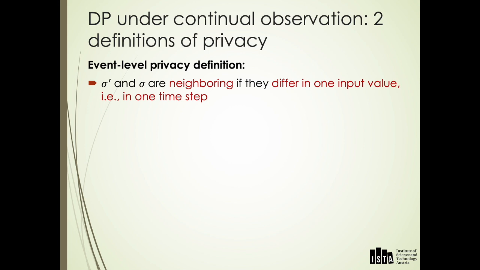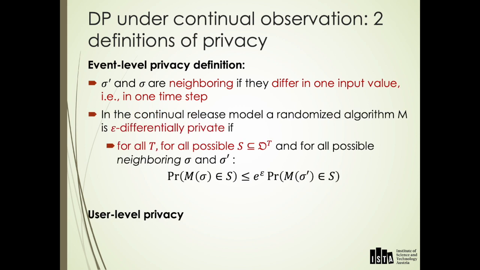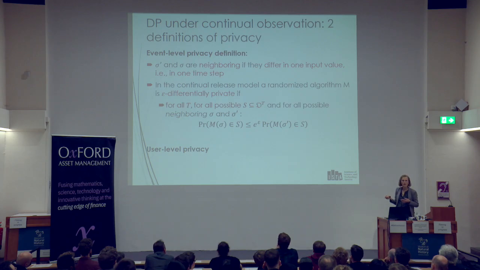And then in the definition of differential privacy, now you need to say over all time steps. Before we said over all neighboring databases, and now we need to say over all time steps. Before we also had over all possible outputs. The outputs are now a t-dimensional vector. And then for any neighboring inputs, you have this definition again.